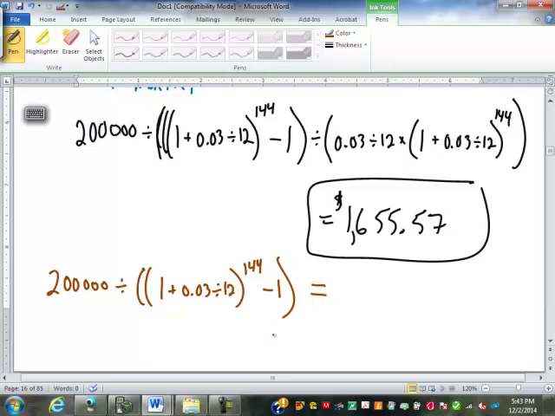Now you're going to do times parentheses 0.03 divided by 12 times 1 plus 0.03 divided by 12, close parentheses, the power of 144, close parentheses, and equals. So you have to do that in 2 steps. Notice there's a change. Here it was divide, here it's going to be multiply because we're taking it out of the parentheses.